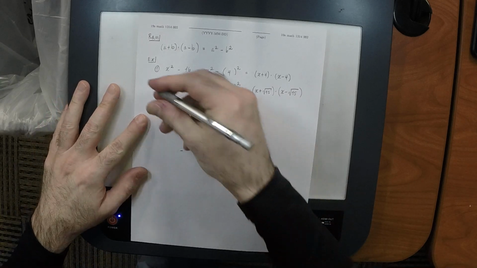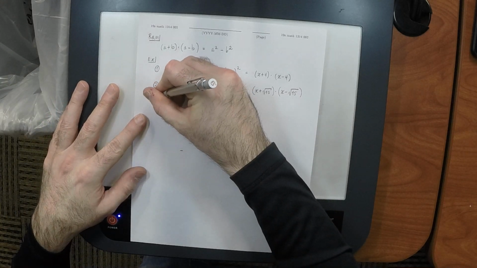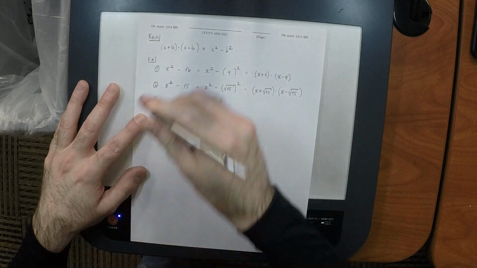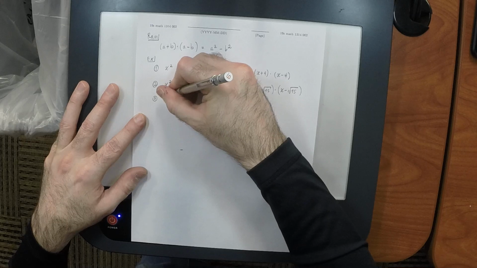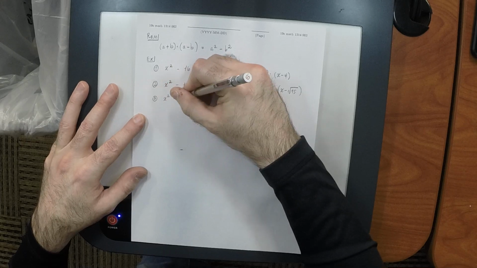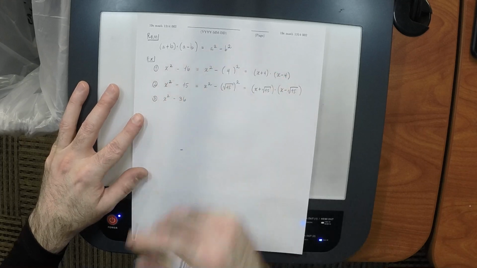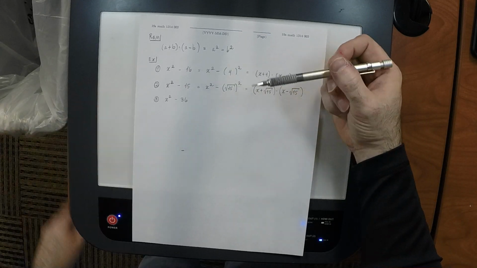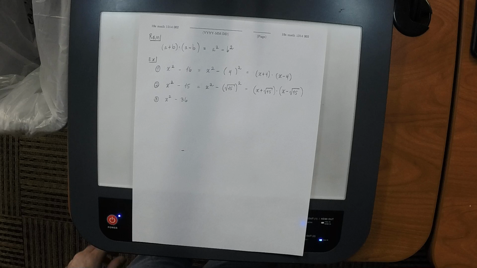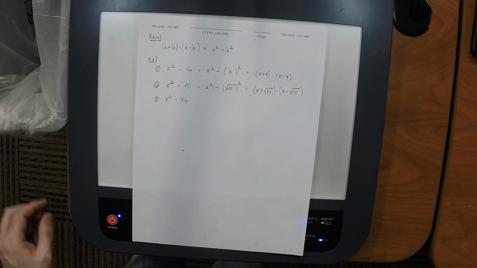All right, so now let's do another one that hopefully will elucidate this a little bit for you. How about x squared minus 36? Comparing this to x squared minus 16, I suspect you could probably just tell me the answer right now. But I'm going to write something that might be just a little bit disturbing to you.